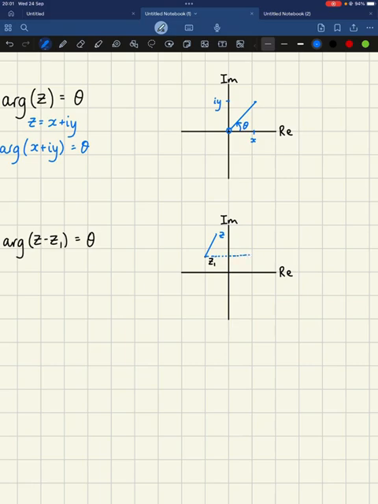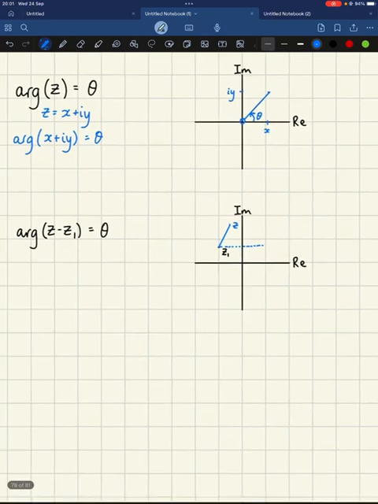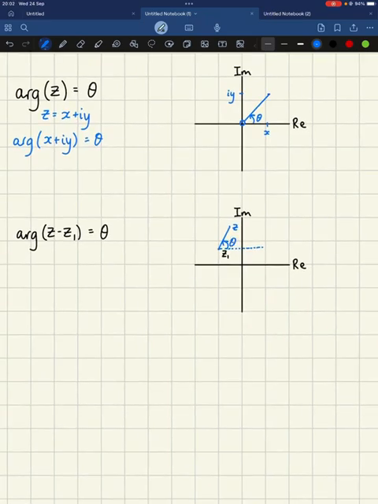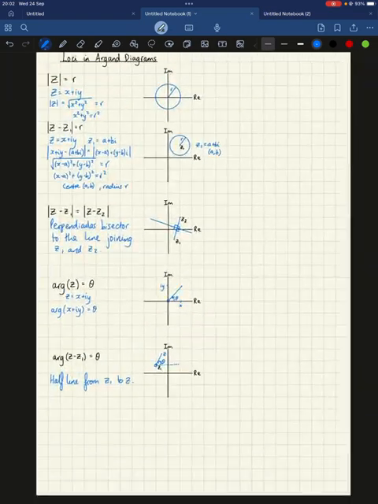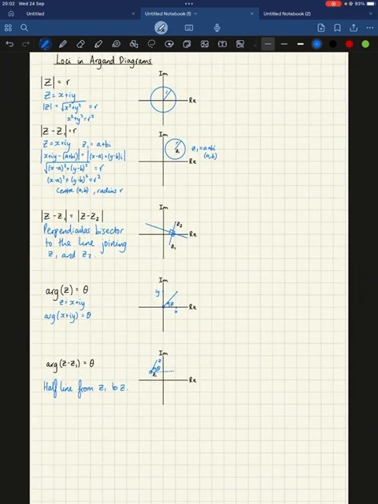So if we draw dotted over there, well, the argument of z minus z1 is just going to be this. And remember, it's an open dot here because at the start the argument will be 0, but then as it goes along this line we have an argument greater than 0, so it's an open circle and then like that, which is called a half line. So the argument of z minus z1 equals theta is a half line from z1 to z, and we can measure what theta is. So these are what all of the loci are.